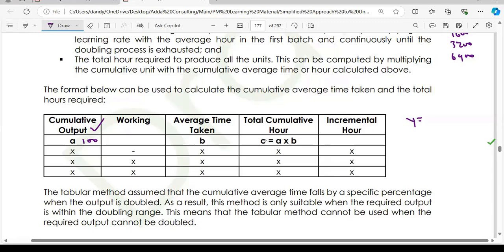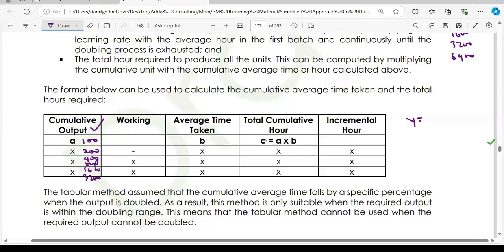So I can double 100 to 200. 200 can double to 400. 400 can double to 800. 800 can double to 1,600. Then 1,600 can double to 3,200. So I've gotten my required output because it's within the doubling range.